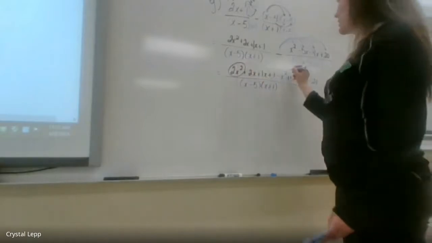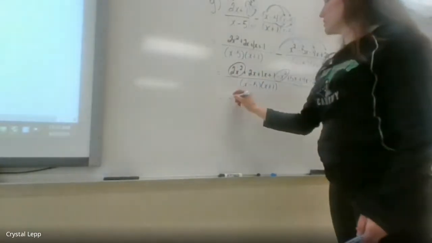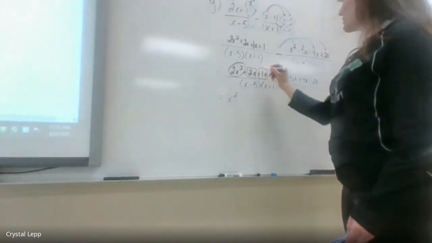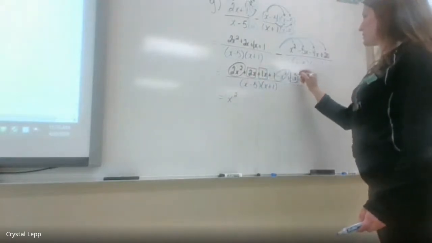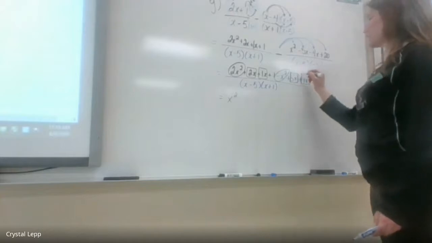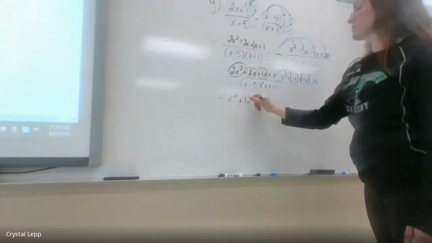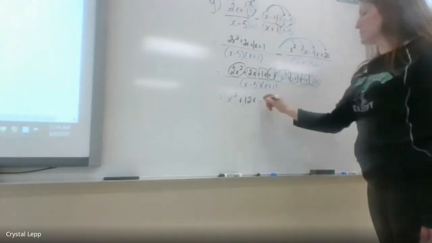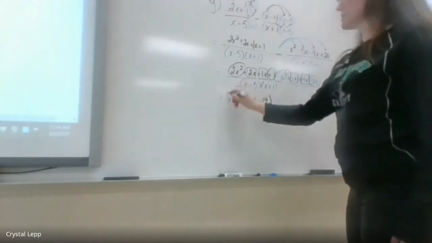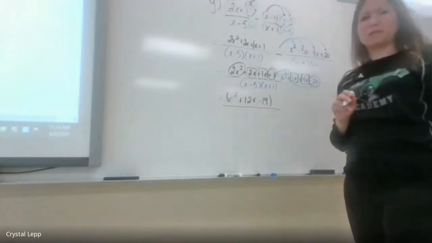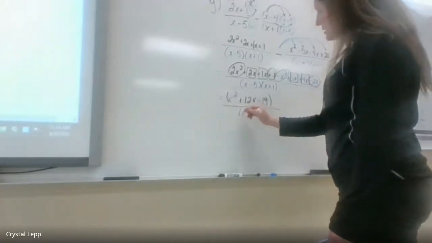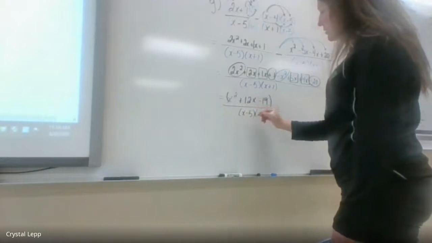So I get 2x squared minus x squared, which is x squared. 2x plus 1x is 3x, plus 5x is 8x, plus 4x is 12x. And then minus 1 minus 20 is minus 19, all in brackets, because they're all attached by plus or minus signs, so they're sewn together. And then I have x minus 5, x plus 1.